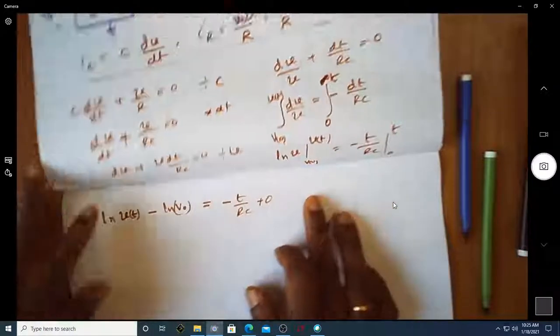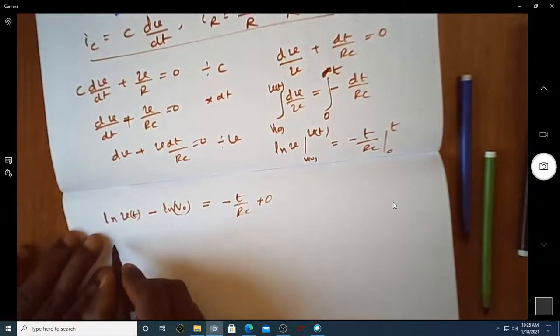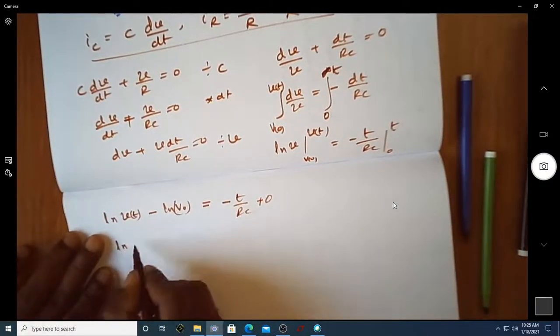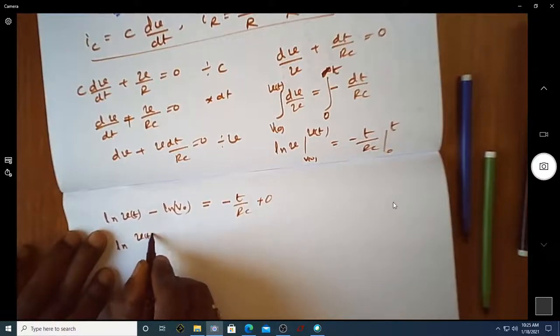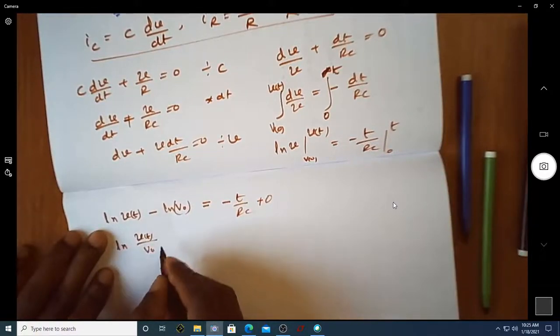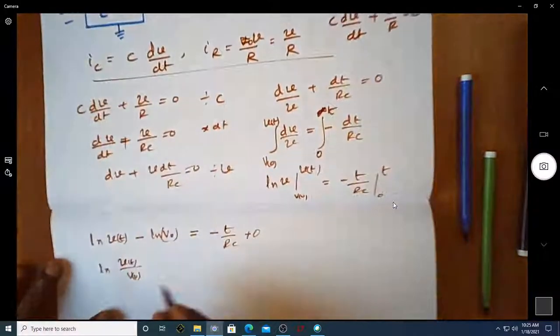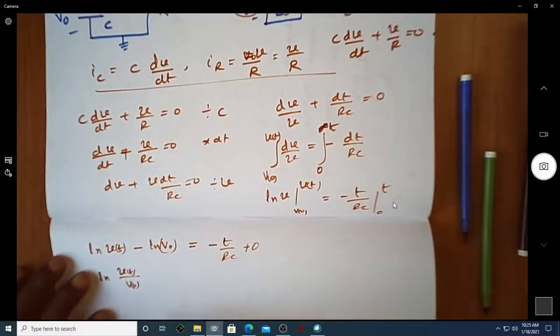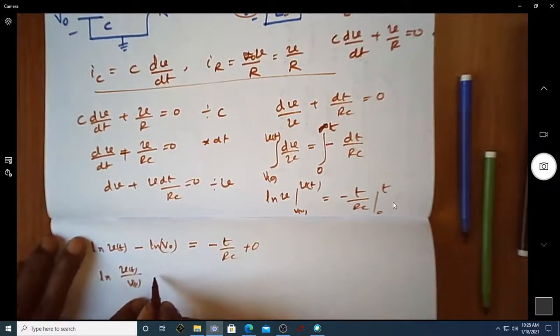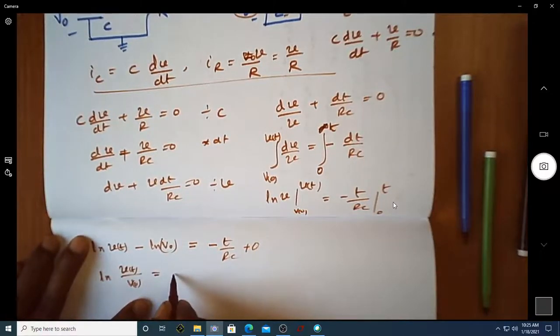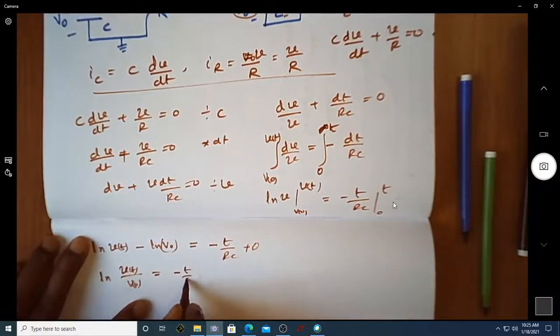So this can be further rewritten as ln of v of t by v naught. Of course, v naught is the voltage across the capacitor before the switch is closed, the initial voltage across the capacitor, and it is equal to minus t by RC.